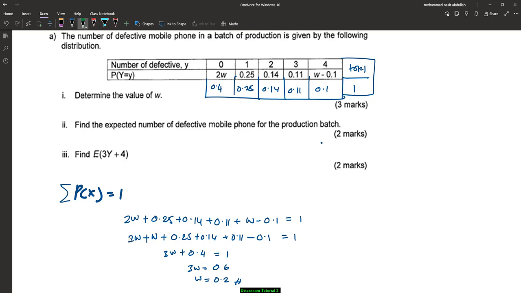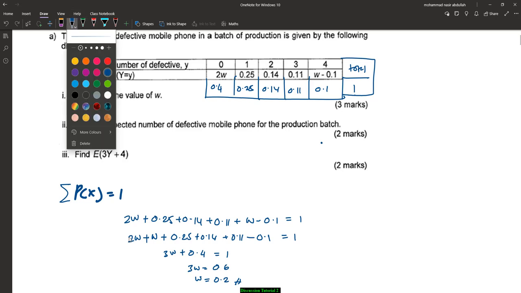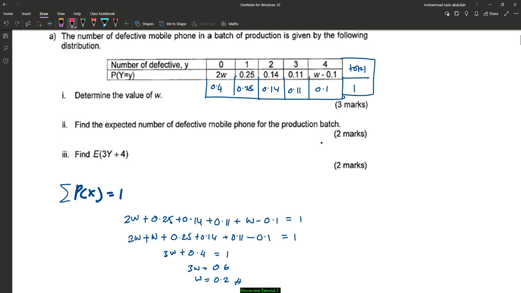For question number 2, they ask us to find the expected value of the number of defective. So the formula is expected of X equals the summation of i from 0 to 4 of X multiplied with probability of Xi.